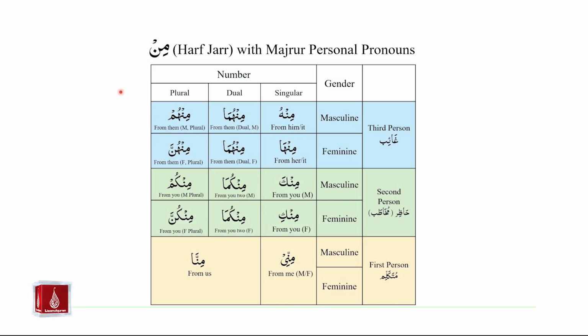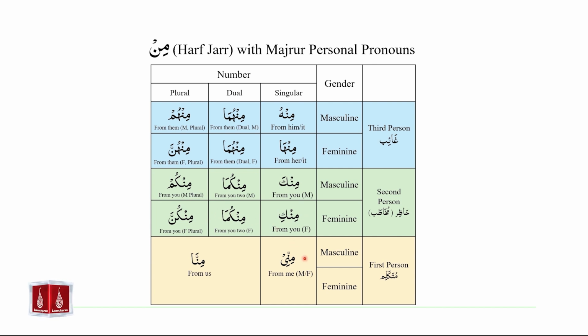Let us now study the use of min harf jar with majroor personal pronouns. Please note that min most commonly is also used with the meaning of from. Minhu, minhuma, minhum, minha, minhuma, minhunna, minka, minkuma, minkum, minki, minkuma, minkunna, minni.